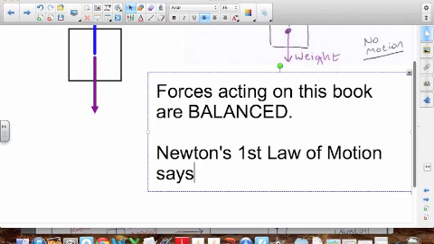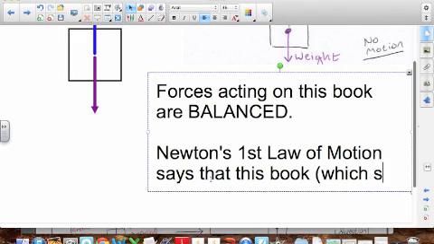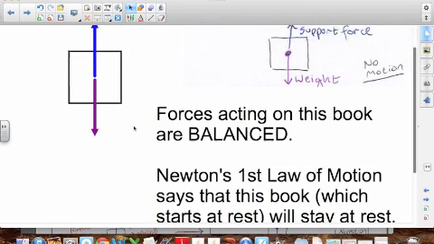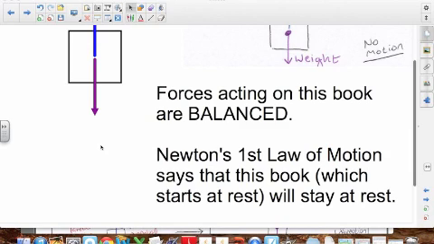If the forces acting on an object are balanced, that means that an object that starts at rest will stay at rest. So this book is not going anywhere.